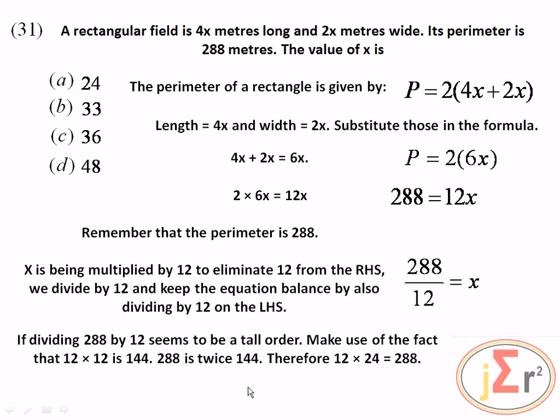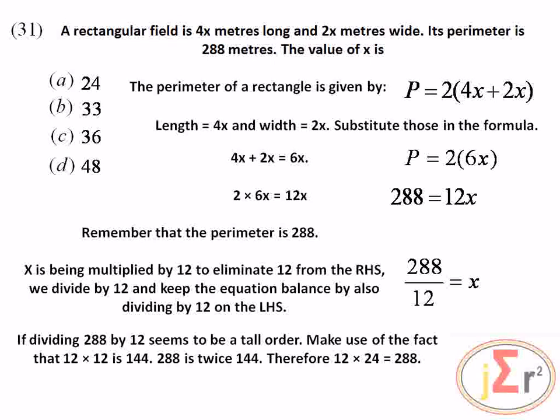By looking at 288, it might not occur to the candidate that 288 is related to 12 by a simple relationship.